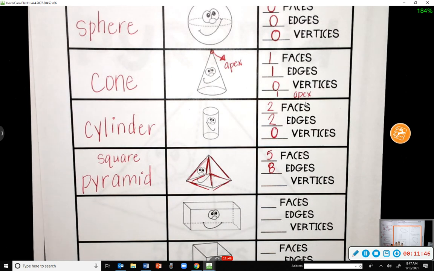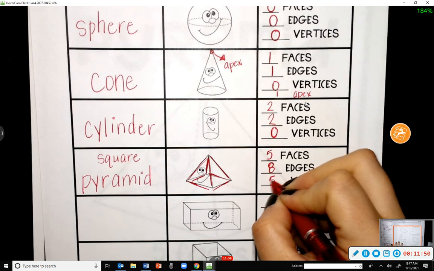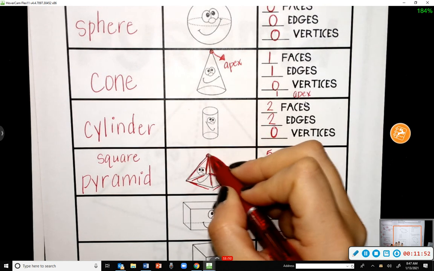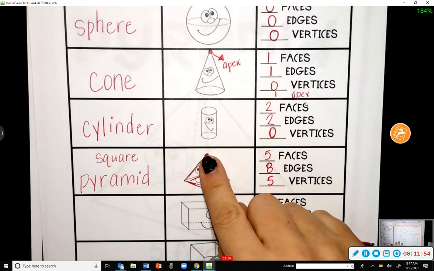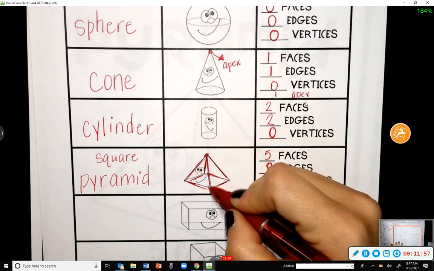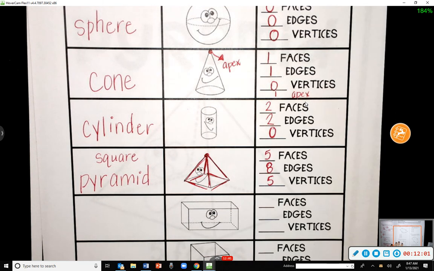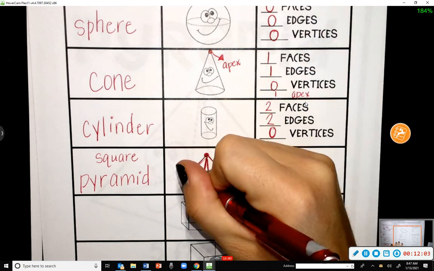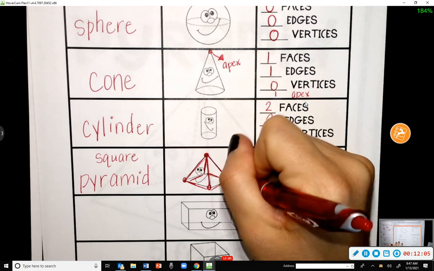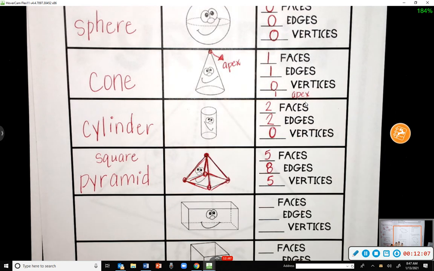I got 1, 2, 3, 4, 5. Very good, 5. Now this at the top, we do count a vertice instead of an apex because it does have edges that meet, okay? The cone did not have edges, okay? So there's 1, 2, 3, 4, 5 back in that corner.